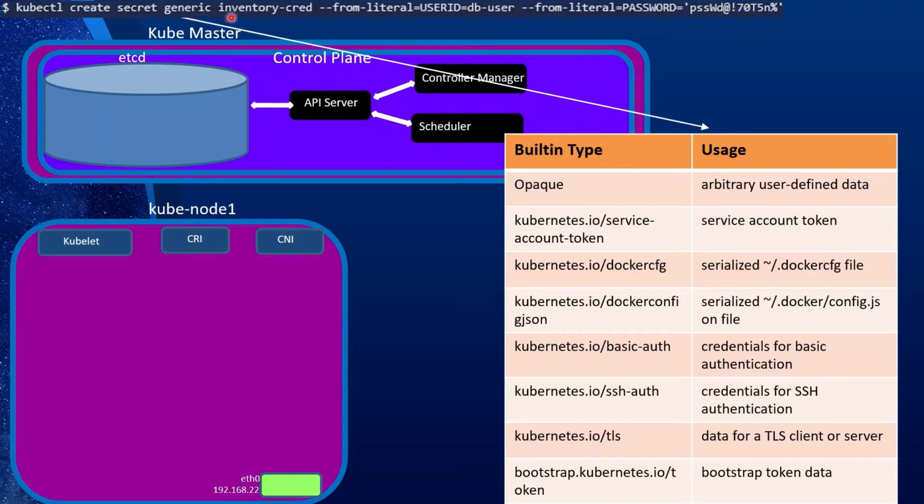secret type, and then you specify a name for it, and then --from-literal. In this case we are creating them from literals, so I'll say --from-literal equal to, and the key is user ID, and the value for it is DB user. And I define another key-value pair, again --from-literal, and this one, the key is password, and the value is the value of the password.